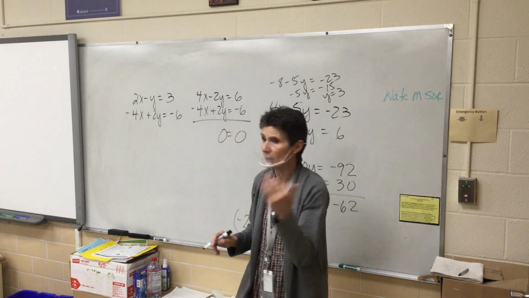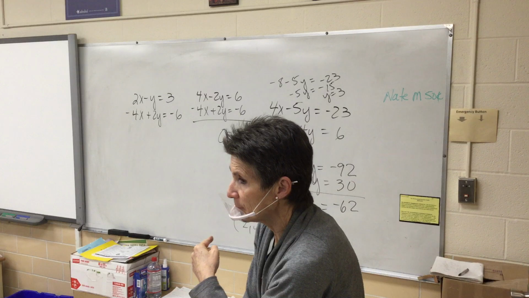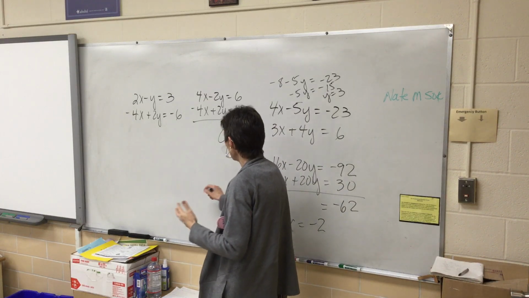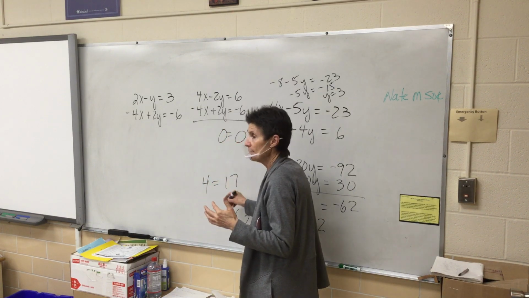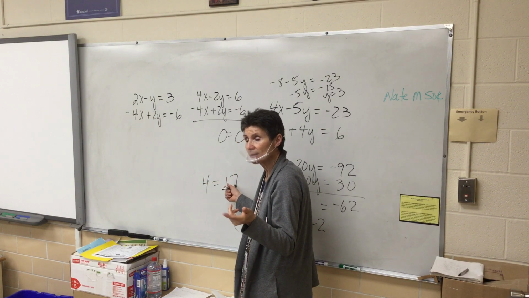Everything canceled. Now, what I want you to pay attention to, though, is this is different than what happened before. What happened before, I forget what the numbers were, but we got something like 4 equals 17, right? Okay, there's a huge difference here. This is no solution. 4 never equals 17.